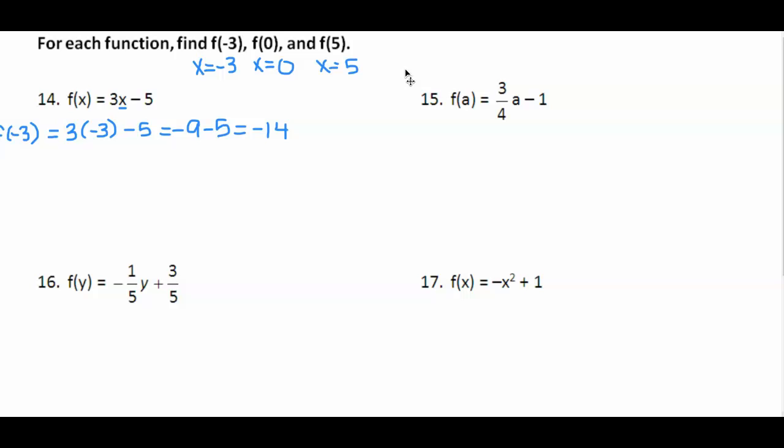So what that means is that when x is -3, the function is -14. If you were doing this on a graph, that's the point you would plot. So it'd be like -3, -14. That's the big connection.